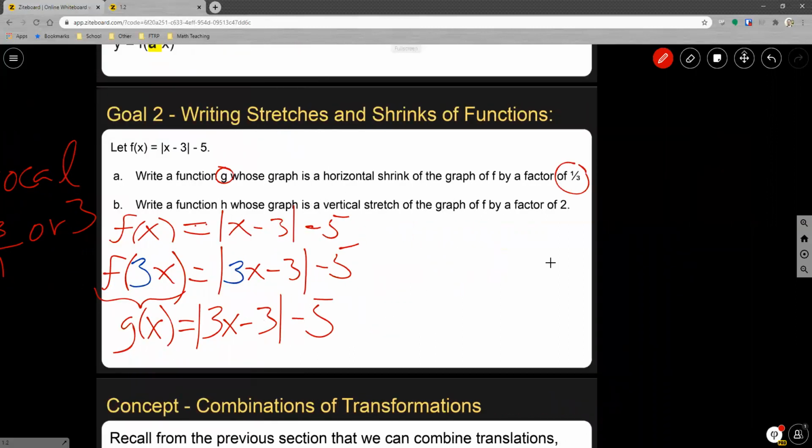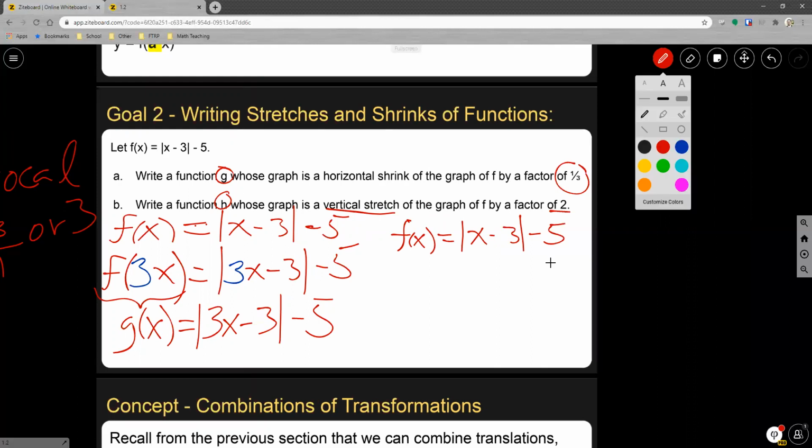Excuse me. So let's do function h. Same idea, starting with f of x. I want to do a vertical stretch by a factor of 2. Well, that means I'm going to multiply the entire function. So f of x is equal to the absolute value of x minus 3, minus 5.